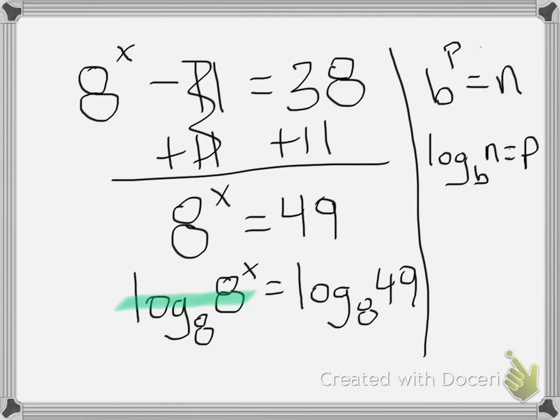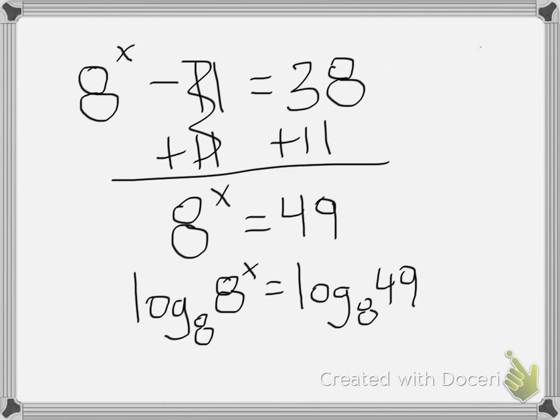That's like this portion right here. You have log base 8 of something that is 8 to the x power, and they're asking what the power is. Well, look at it. The power is x. Notice that's what it equals. It equals p. So that's really what's going on there. You're really applying what a logarithm means, which you may or may not have really locked in from your pre-calculus class. Understand that the log base 8 of 8 to the x does indeed equal x. But I don't even like doing that.